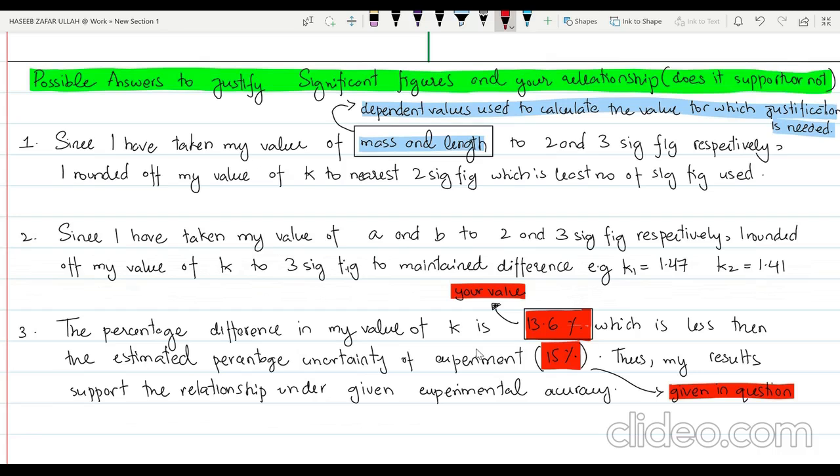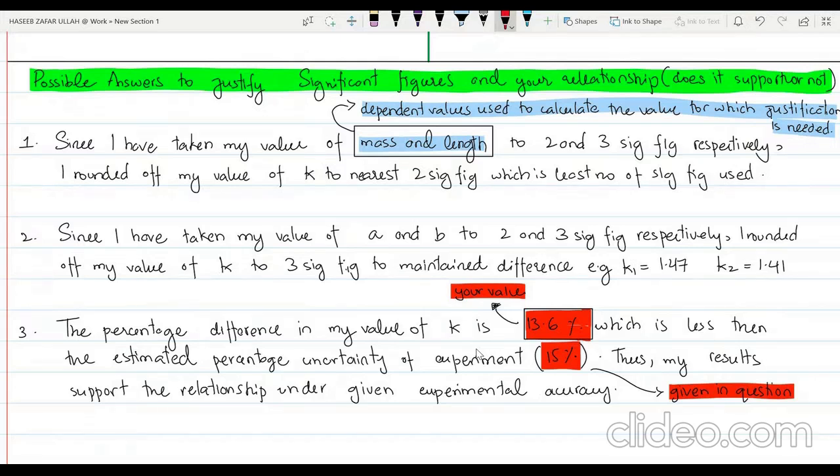The third one is about proving the relationship. For example, they give you an estimated percentage uncertainty, and then they ask whether your percentage difference in the value of k is supporting the result or not. So you have to provide a structured answer to this.